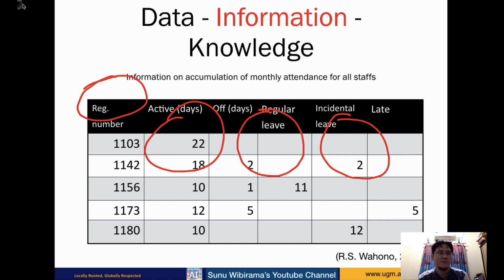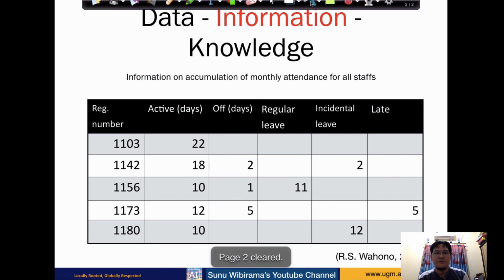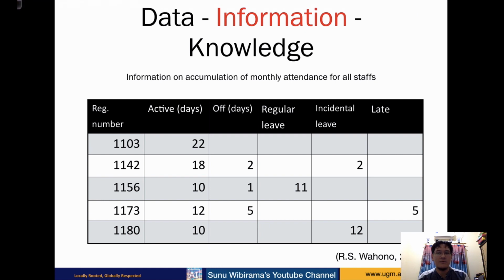Okay, so yes, I have to remove this one. Okay, so after you convert the data to informations, you can get the accumulations of monthly attendance, for example, for all staffs. For example, your first staff active in 22 days, he or she has no leave, whether it's regular leave or it's incidental leave or off.